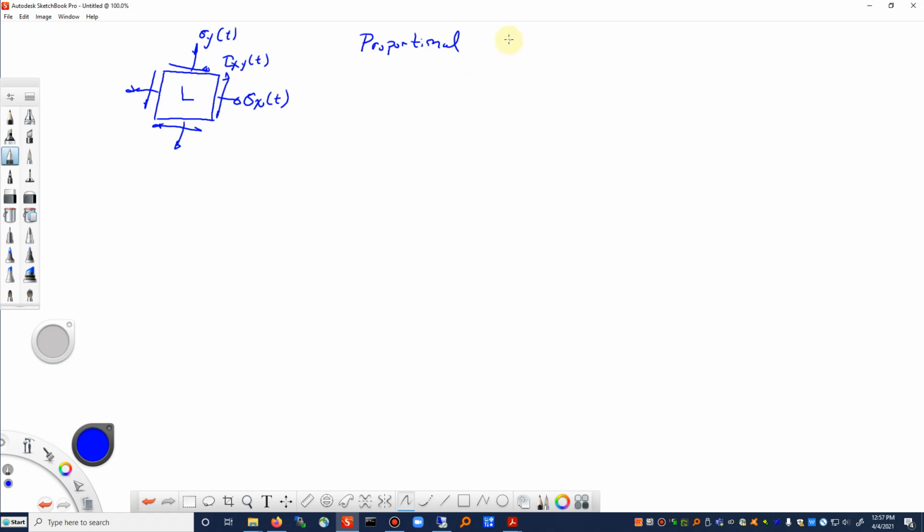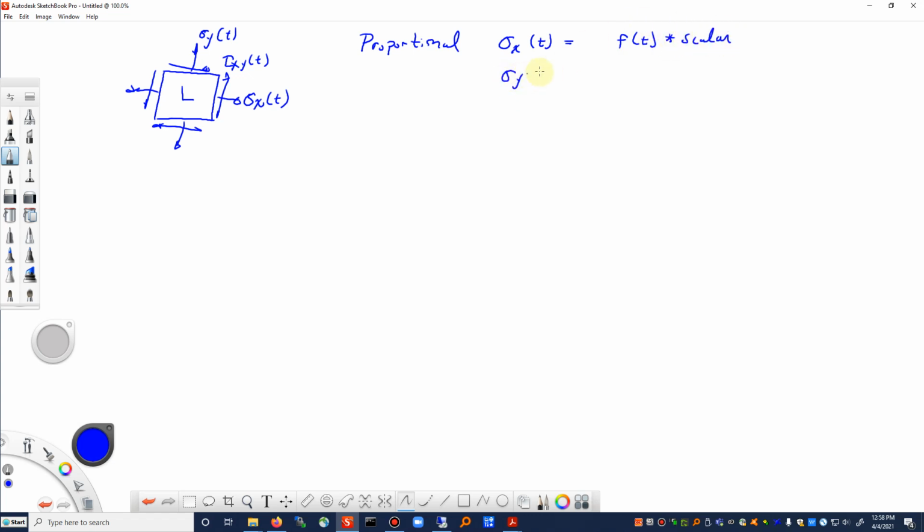So if we were to take a look at one of these, like the sigma x as a function of time, we could separate that out into some function of time times a scalar.